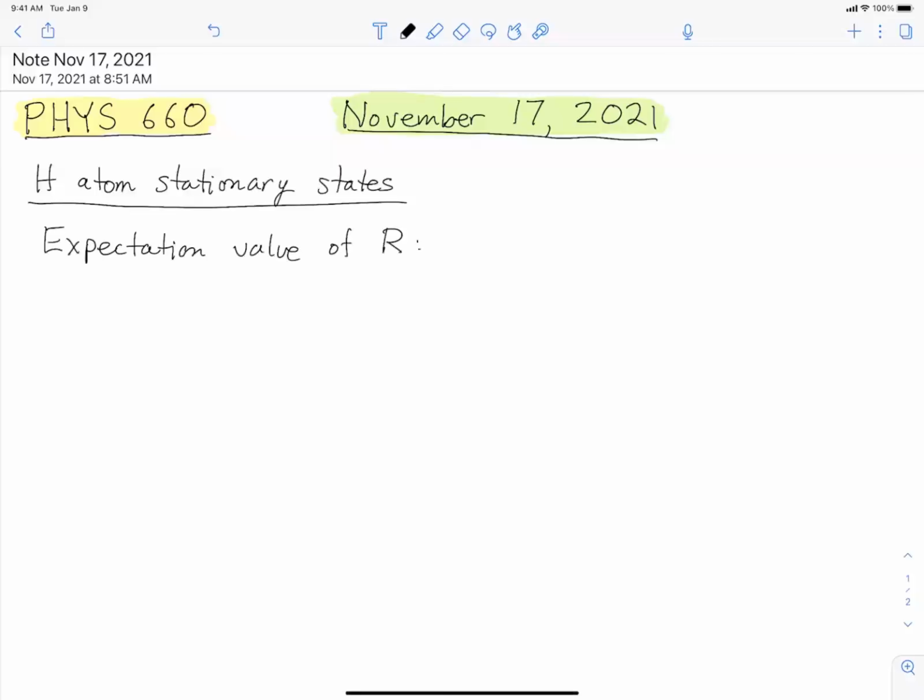And the answer, just to give you an idea, for a stationary state labeled by n, l, and m, turned out to be the Bohr radius, a0, divided by 2 times 3n squared minus l times l plus 1.